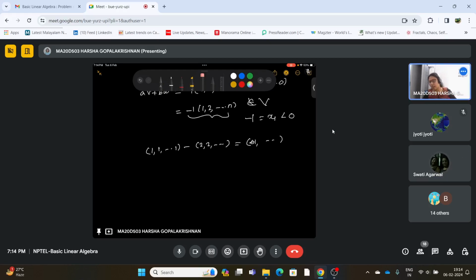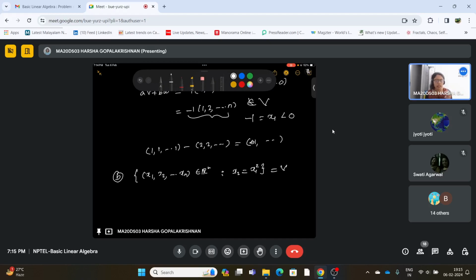Okay. Now I will give the next question. You can try for two or three minutes. The set is all (x1, x2, etc., xn) in Rn such that x2 equals x1 squared. For one or two minutes, think about whether it can be a vector space.